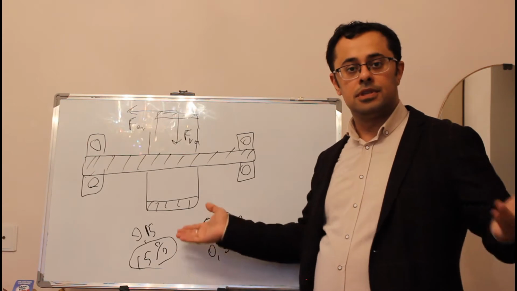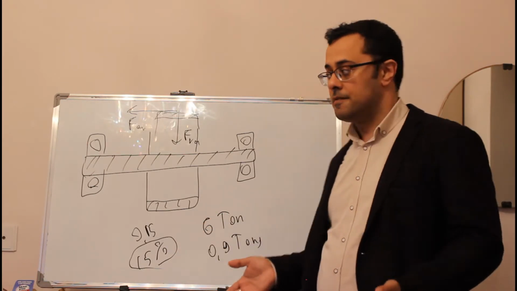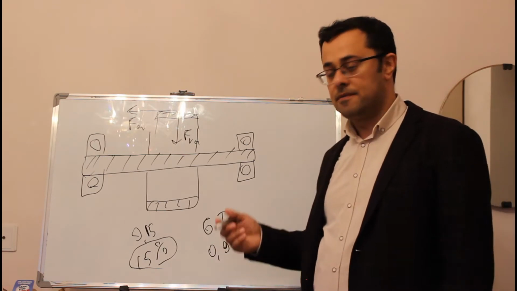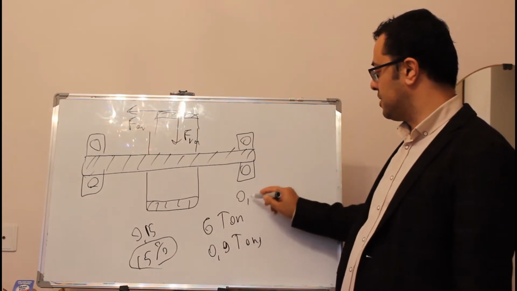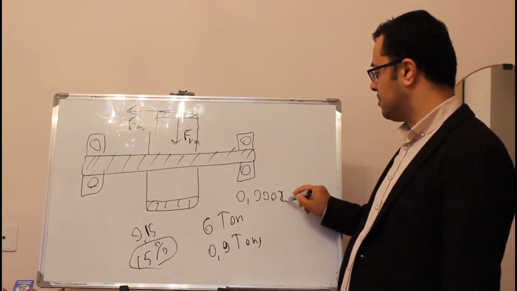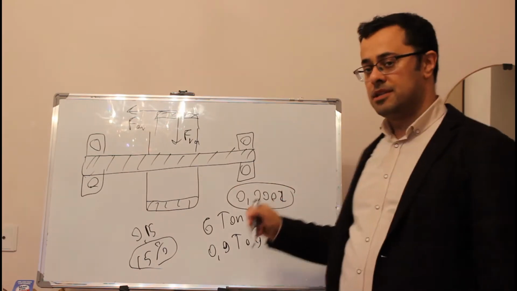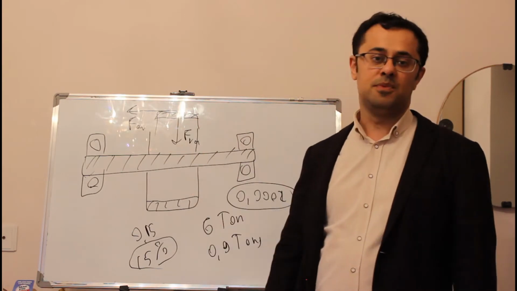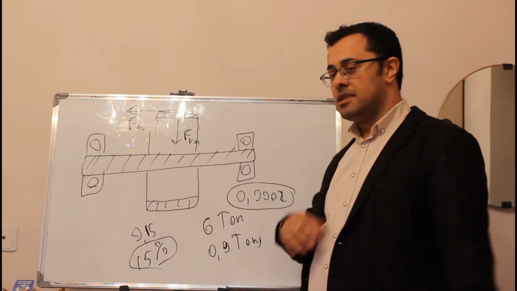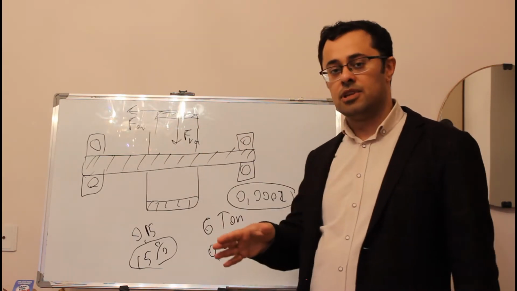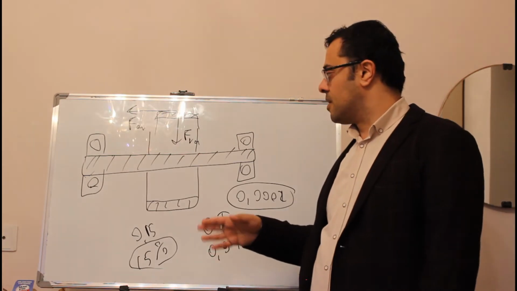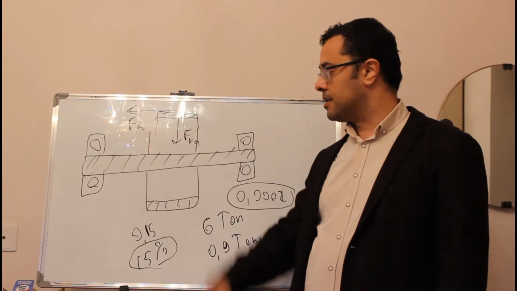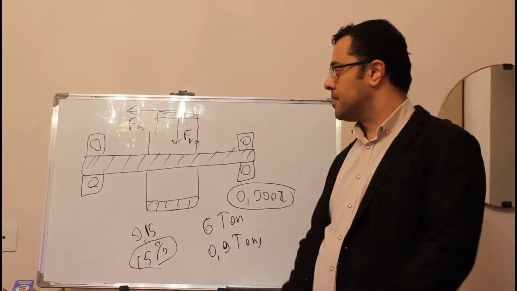The only force there is the friction force, and the friction force of bearings is very small. The friction factor of a bearing is 0.0002, so anything multiplied by 0.0002 is a very small number for me. So tangential force, I don't care about this force. All I care about is F radial and F axial.